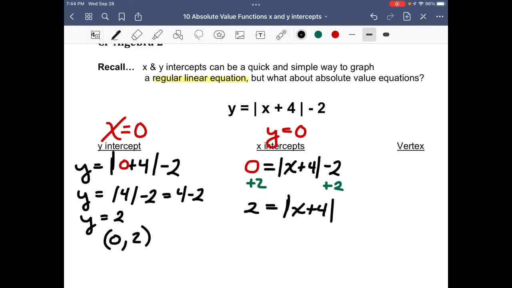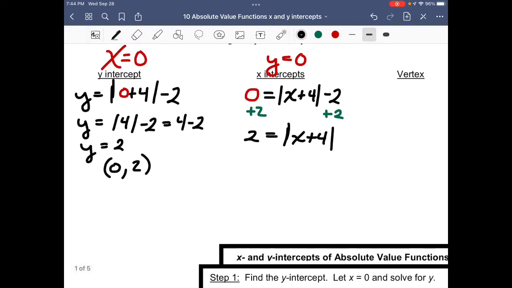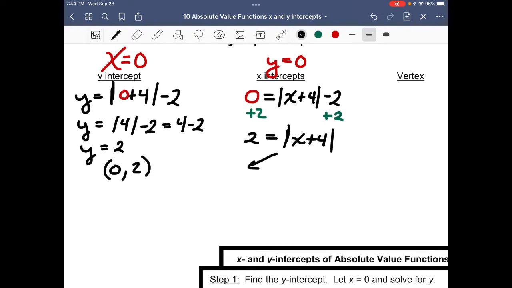Now, whenever you get the absolute value by itself, which it is right now, then you split the equation. Remember how you split the equation? One equation has the absolute value equaling the positive 2, and then the other has x plus 4 equaling the negative 2. So we have to split this, and we're going to end up with two numbers.